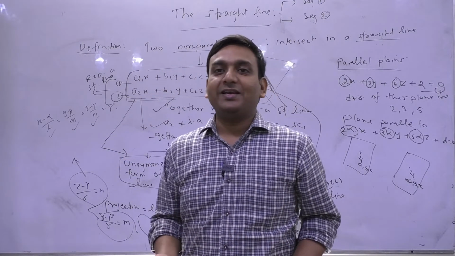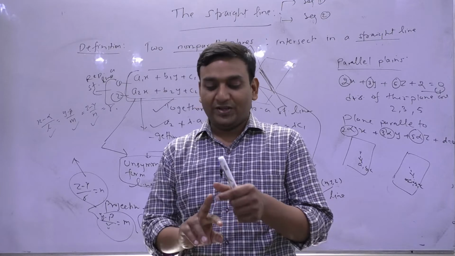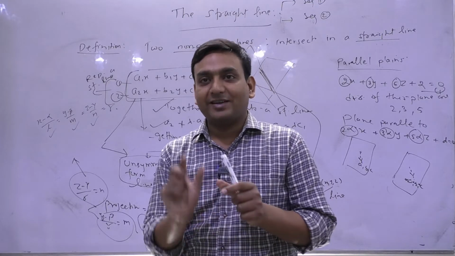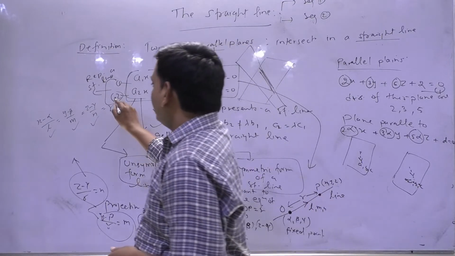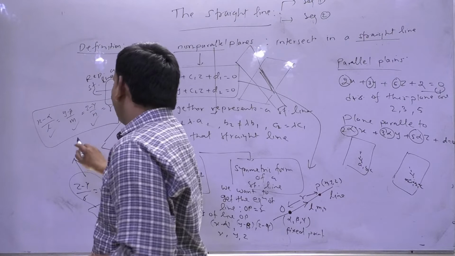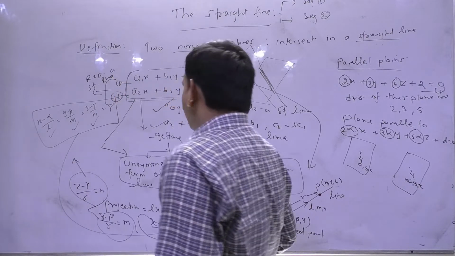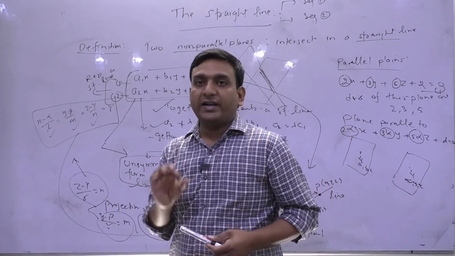So what I have done, I have used projection, line के DCs, the distance r. Is it clear or not? So this form is called the symmetric form of a straight line.